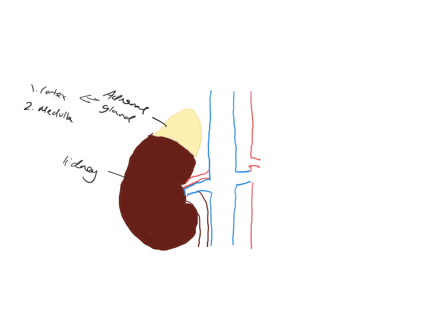So if you are not on top of your types of hormone, you really need to make sure before you do this, you look at the different types of hormone. We're going to see both steroid-based hormones being secreted today and also protein-based. So you need to be able to differentiate between these, and in particular you need to understand the different ways in which they're going to interact with the cell surface membrane.